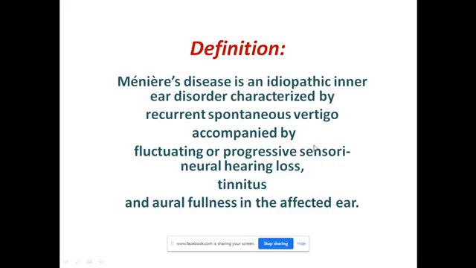Here we can see some symptoms. Number one, vertigo, which means a sense of spinning. Then sensorineural hearing loss is another symptom, and then tinnitus, which is the feeling of a ringing sound. And finally, aural fullness, which means heaviness in your ear.